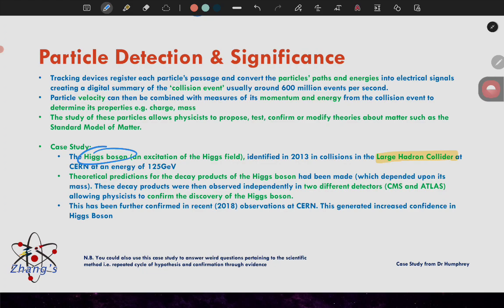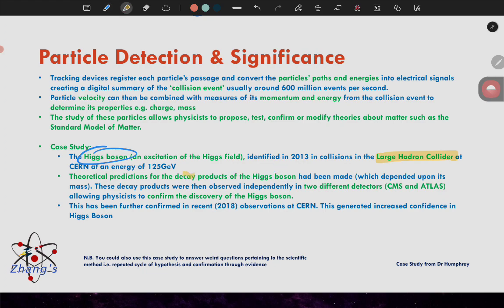Effectively, what happened is that the Higgs boson is this highly unstable particle that decays incredibly quickly. And what they observed within this particle accelerator, plus particle detector, of course, because when you have a particle accelerator for the collision, then you need an actual particle detector to see the products. What they observed within this particle detector is the decay products of the Higgs boson.